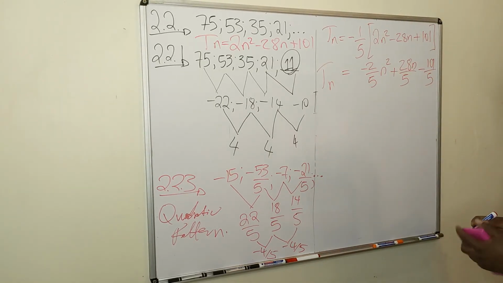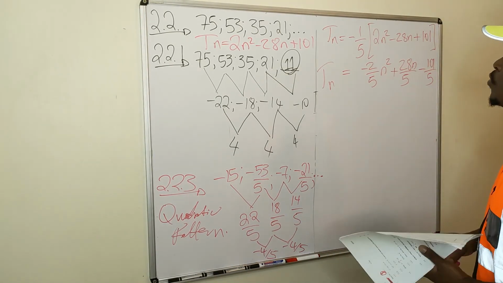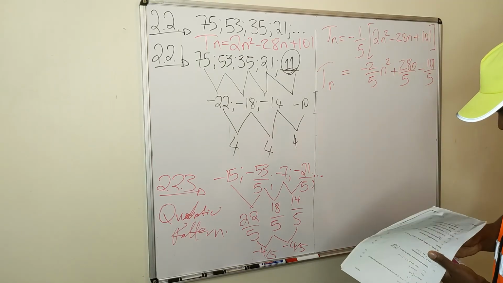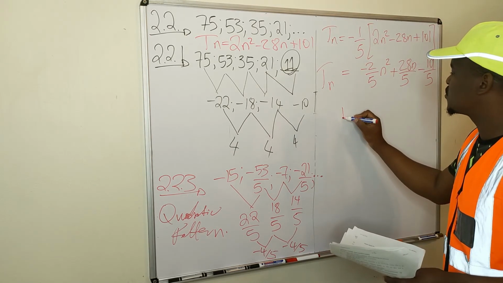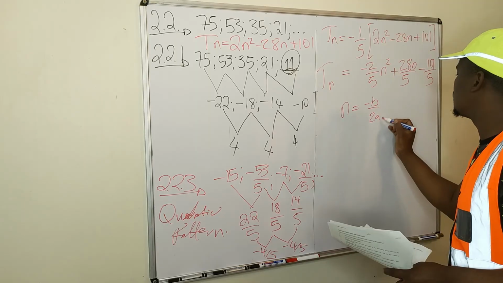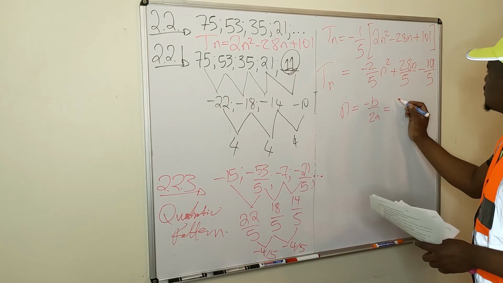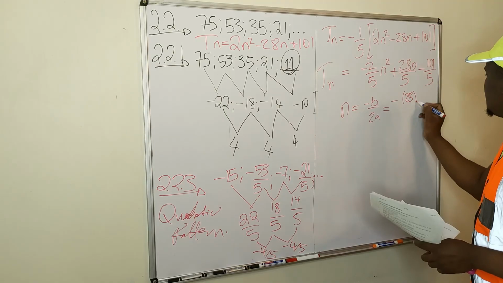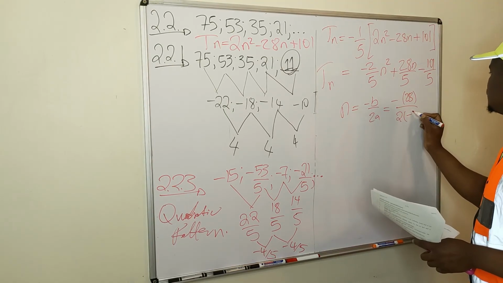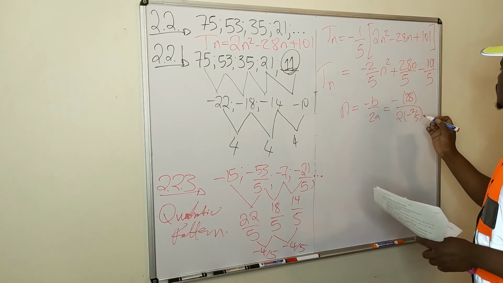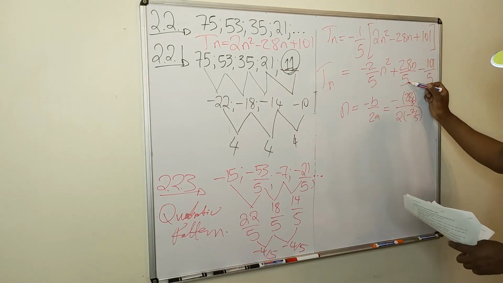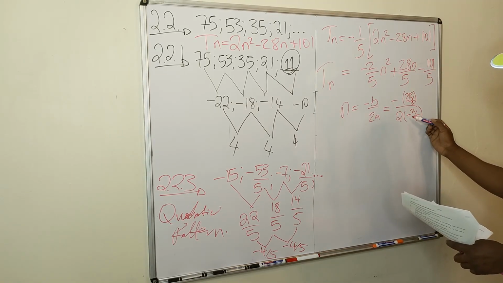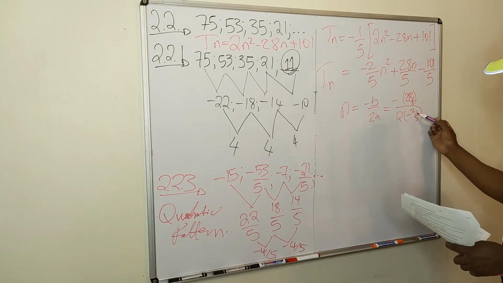So now, since we're asked to find the maximum term, we'll have to find the position of the maximum term, right? To find the position of the maximum term of this sequence, we use negative b over 2a, and your b is 28/5. So we say negative of 28/5 divided by 2 times -2/5.